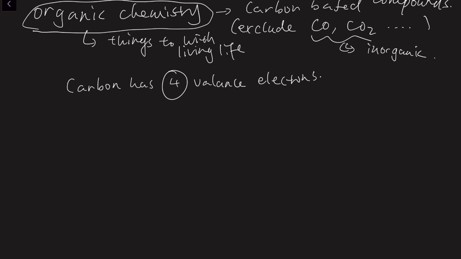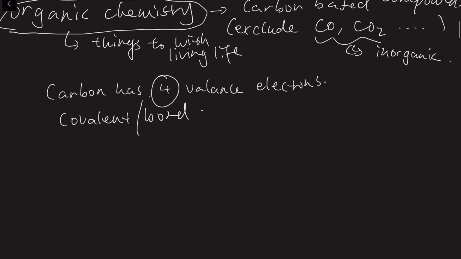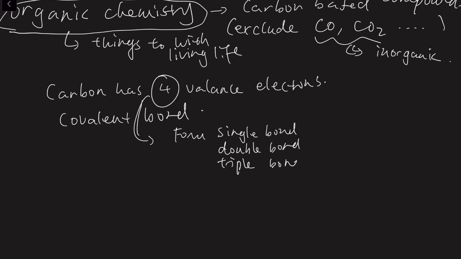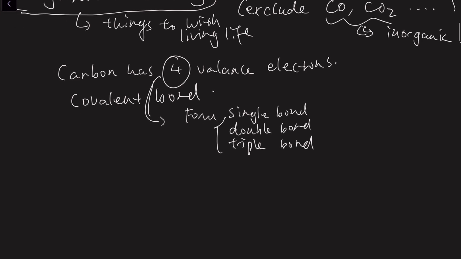And we know that carbon forms covalent bonds. Because it has 4 valence electrons, carbon can form single bond, double bond, and even triple bond. So really a lot of flexibility here.